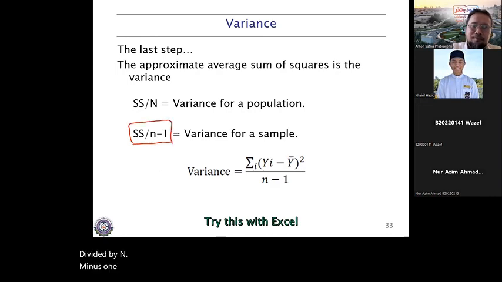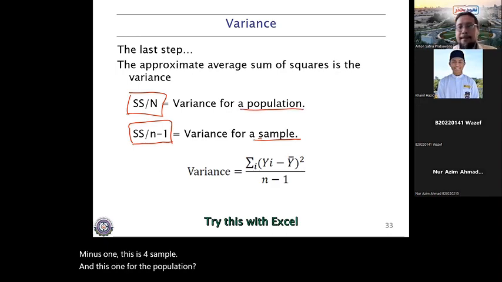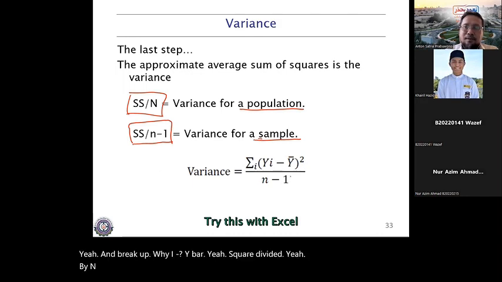This is for the sample, and this one for the population. So the variance is equal to the sum, sigma, in brackets yi minus y bar, squared, divided by n minus 1, for a sample.